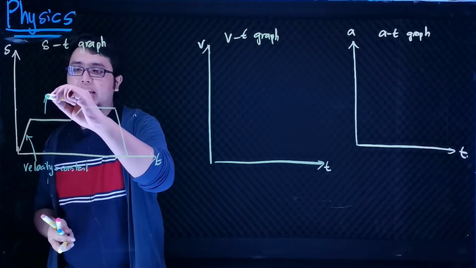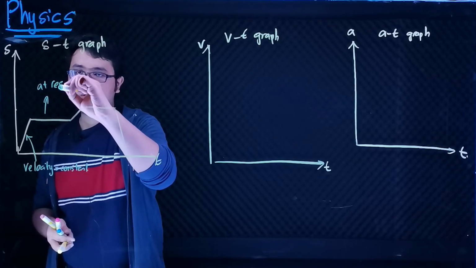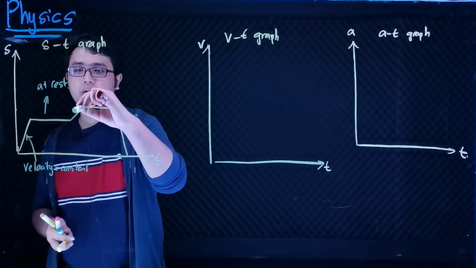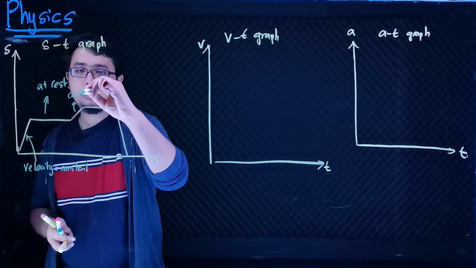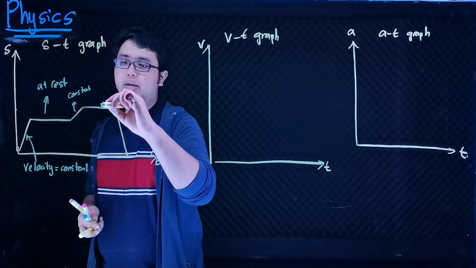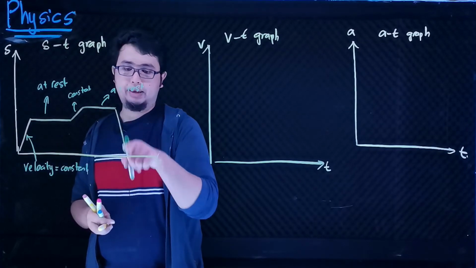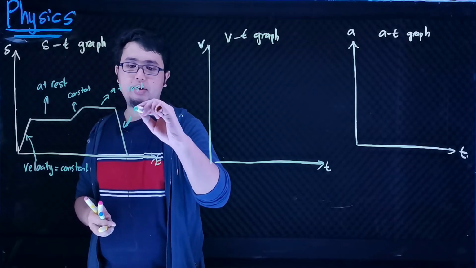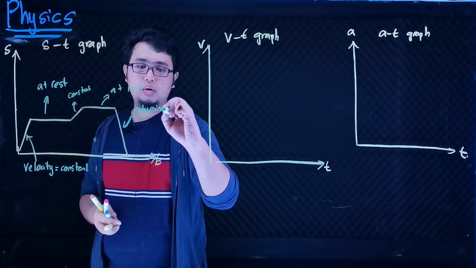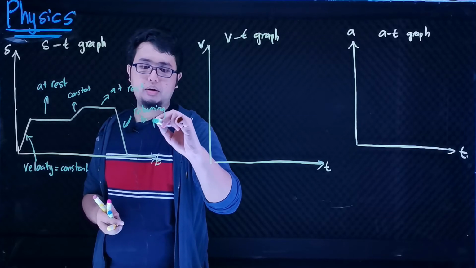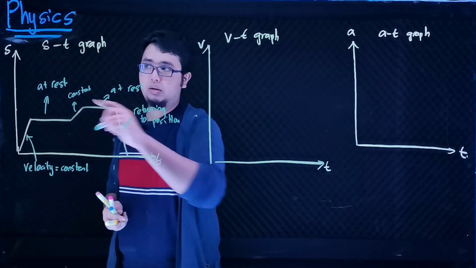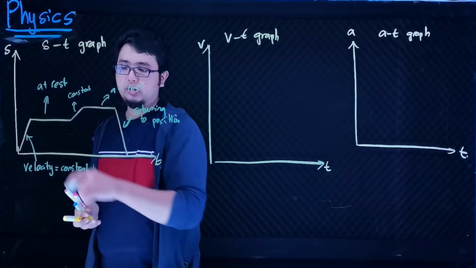Here the object is at rest. Here constant. Here at rest. And if it is turning back, this is returning to position. Remember, this is distance or displacement.